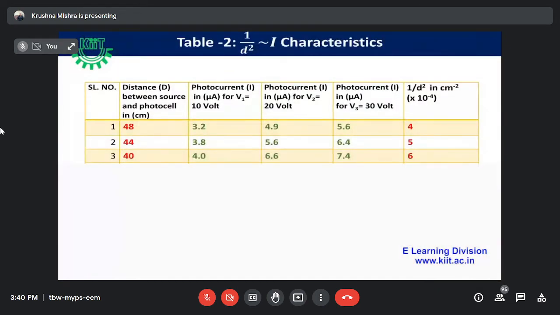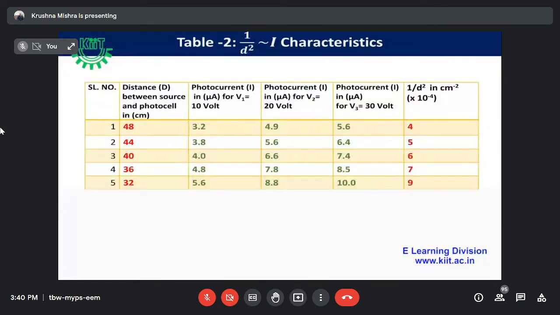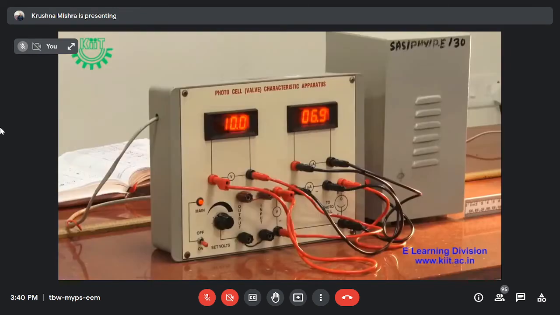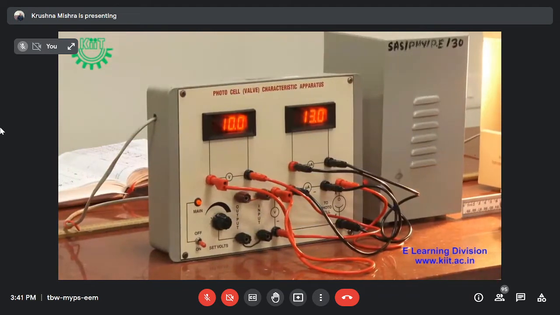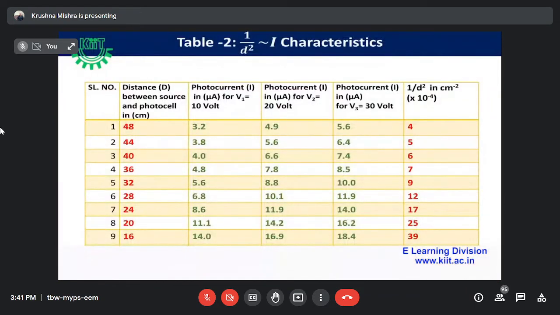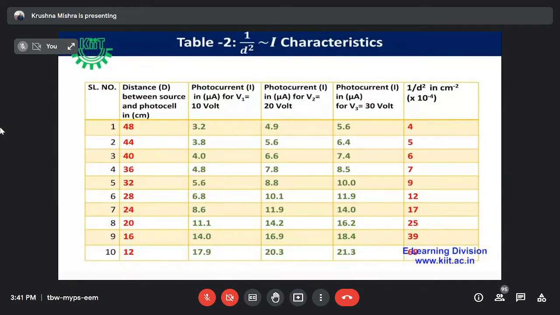Then 36, this is 4.8, then 32, this is 5.6, then 28, this is 6.8, then 24, this is 8.6, then 20 centimeter, this is 11.1, then 16 centimeter, this is 14.0, then 12 cm, that is 17.9.